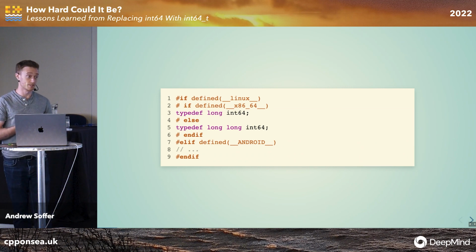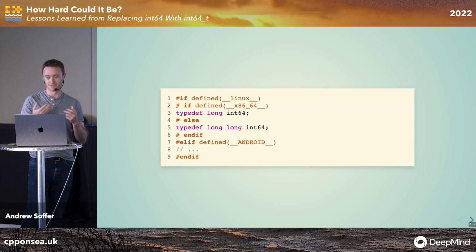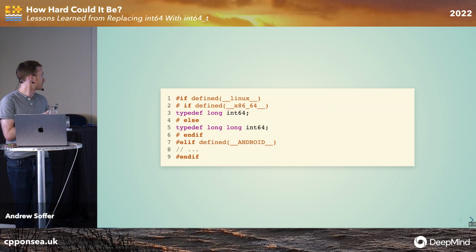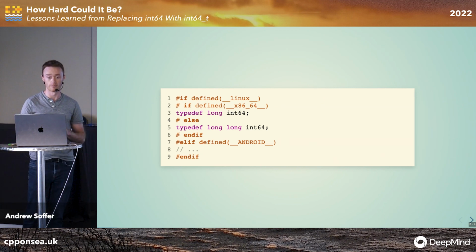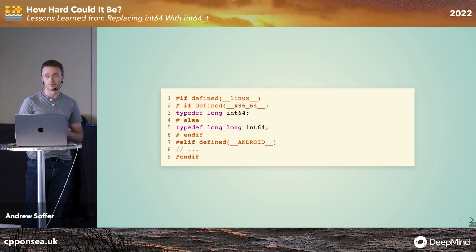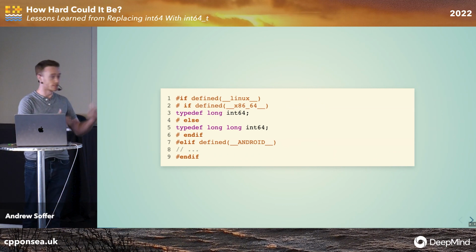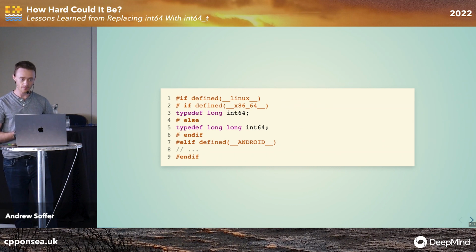You use the preprocessor to ask which platform you're compiling for, and you define an alias that chooses the right type based on the information you have from your platform. So if you're working on Linux and 64-bit x86, long is a fine definition for int64. The platform tells you that that's sufficient. In fact, that it's exactly 64 bits. If you're on different platforms, you do different things.